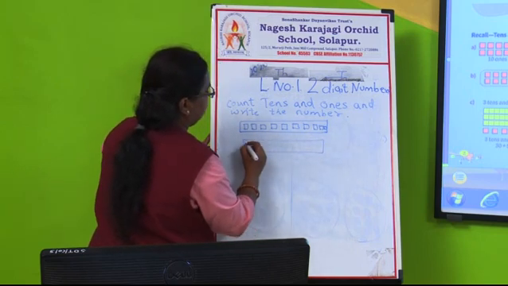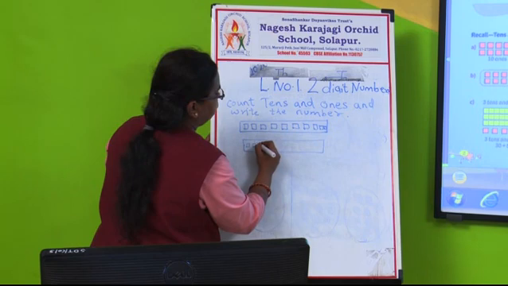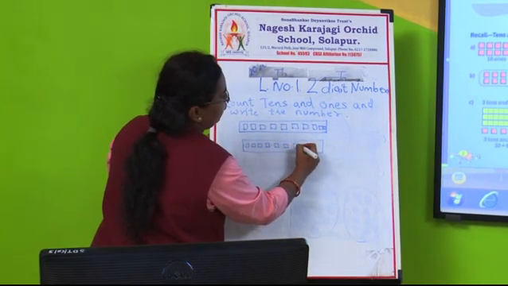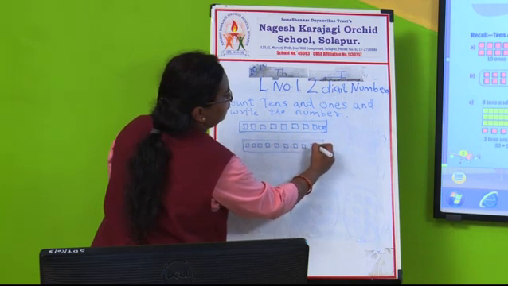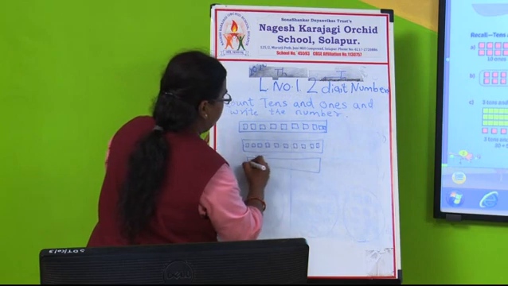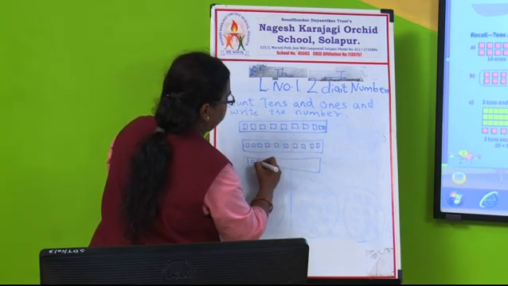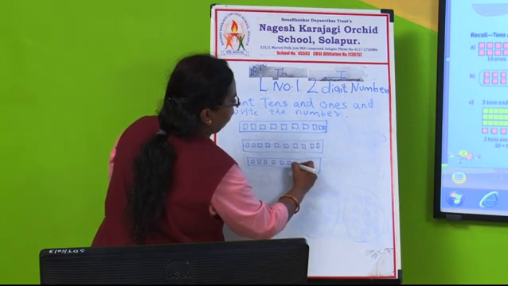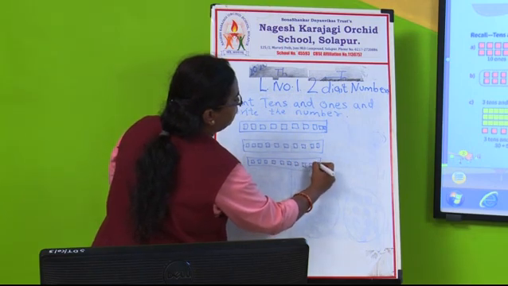Then this is the second box. 1, 2, 3, 4, 5, 6, 7, 8, 9, 10. This is second and this is the third box. 1, 2, 3, 4, 5, 6, 7, 8, 9, 10.